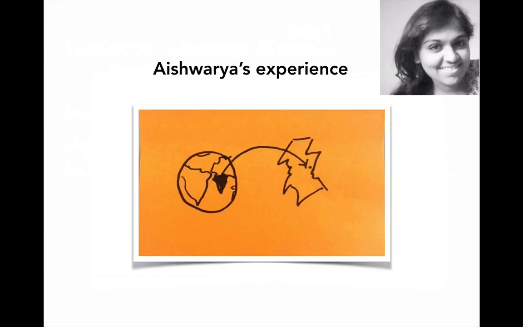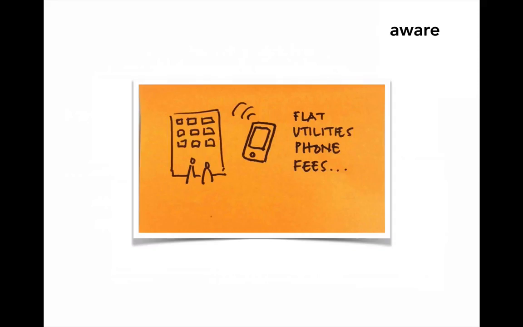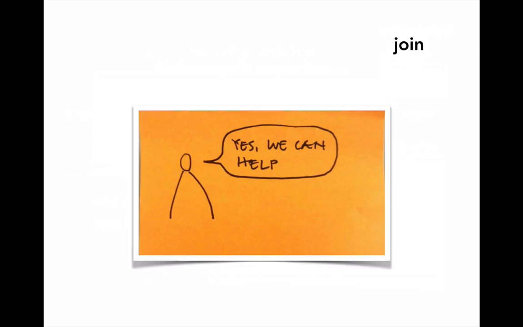Aishwarya's experience was similar to Hans in the beginning, in that she became aware before she left India that she was going to need to open a UK bank account because she had the same issues to pay for flat, utility, phone, etc. But she came across the bank in a similar sort of way to Hans, but when she went into the branch, they just said, "Yep, we can help."